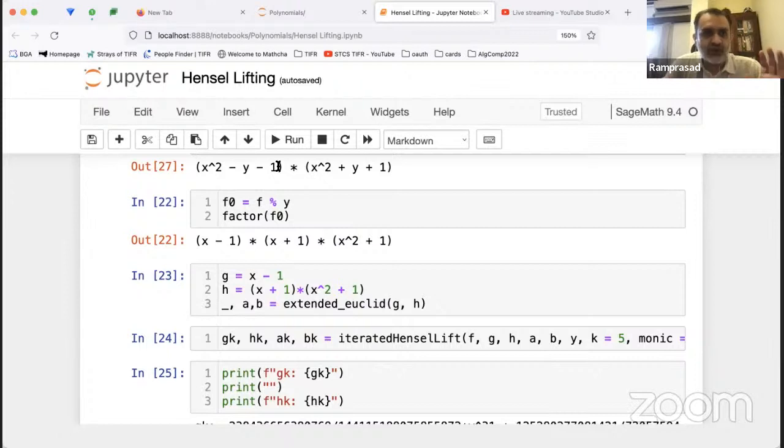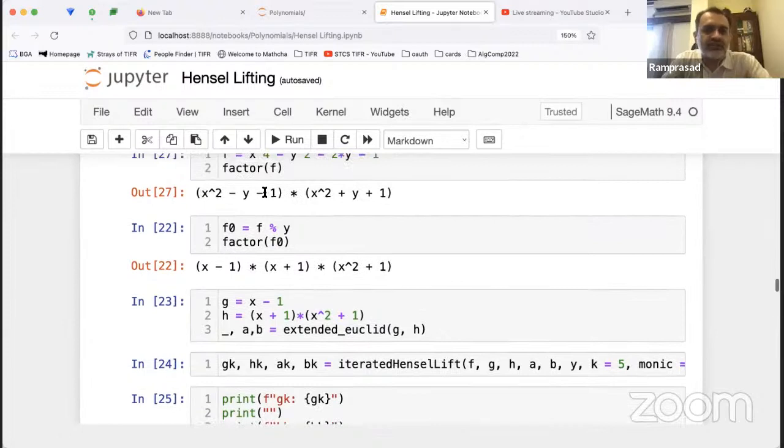Okay. So all we want to figure out is, let's say how would you know whether this is a proper factor of f or not? So you started off with some g, you lifted it, you got some gk. And now you need to know, does gk correspond to a proper factor of f or not? So one way to hope for that is that you can ask, is there some other gk prime that I can multiply to gk so that this product looks reasonable?